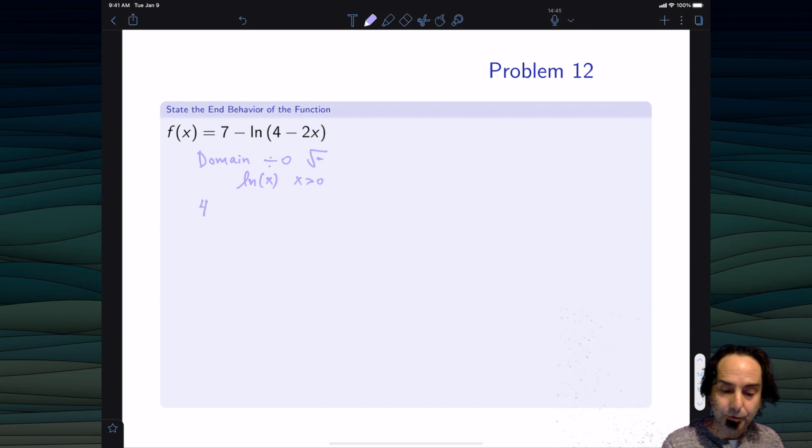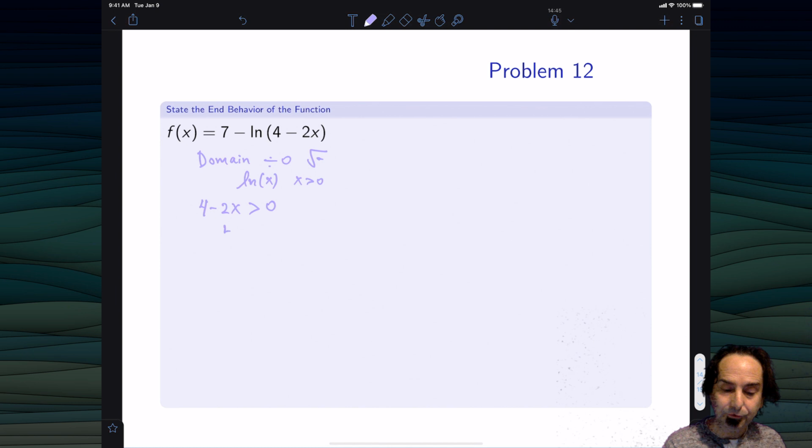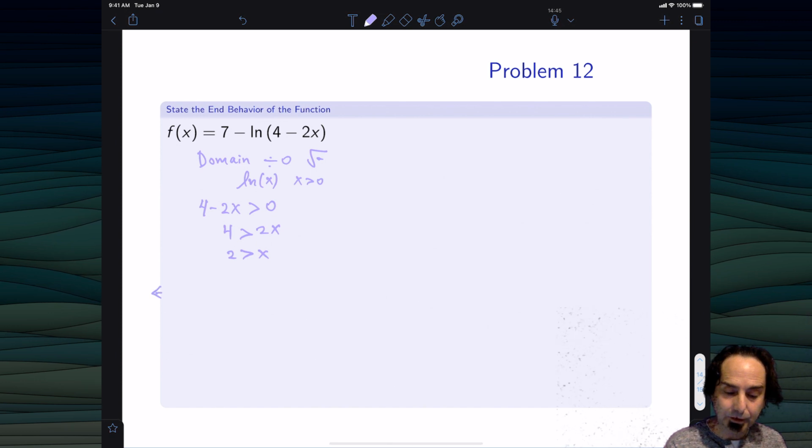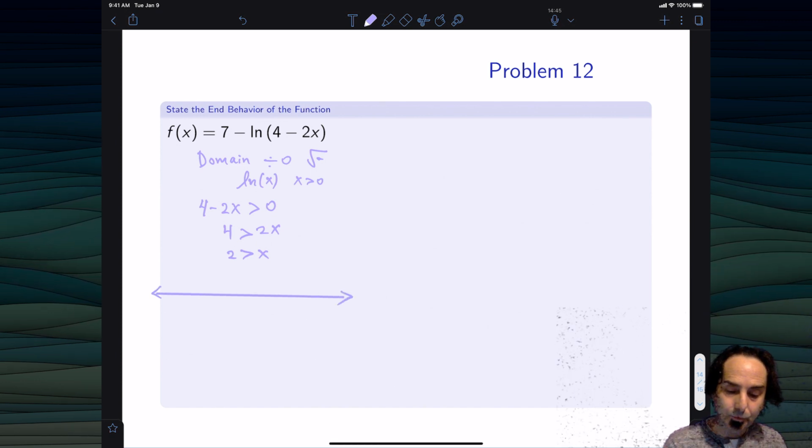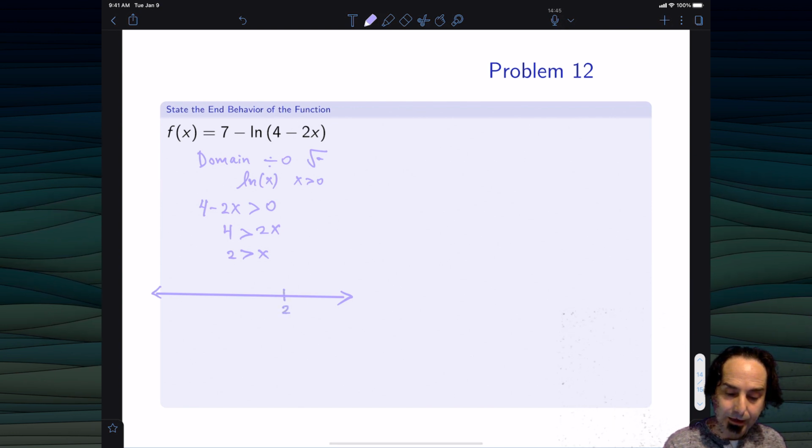So inside there, instead of x, we have 4 minus 2x. So that has to be bigger than 0. So 4 is bigger than 2x. So 2 is greater than x. And so on the number line, we're looking at the number 2, and x can be anything less than 2.